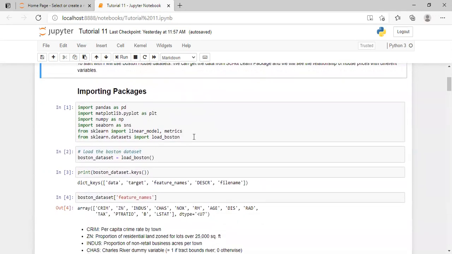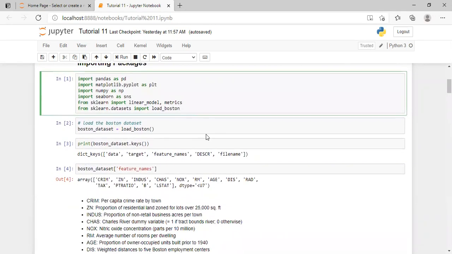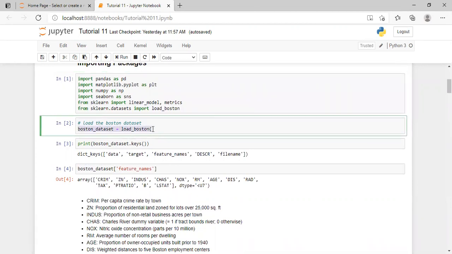Okay, so to start with, I would be using the Boston dataset, and these are the libraries which you are already aware of. I would be using scikit-learn to import the dataset, and I have loaded the Boston dataset over here.